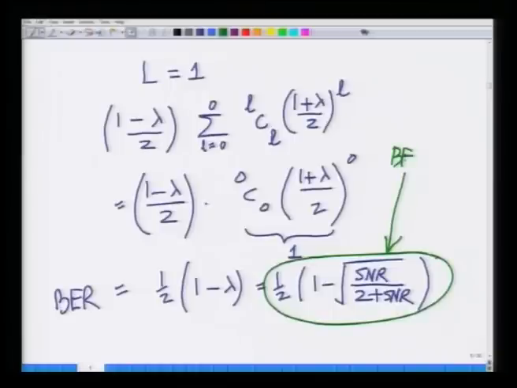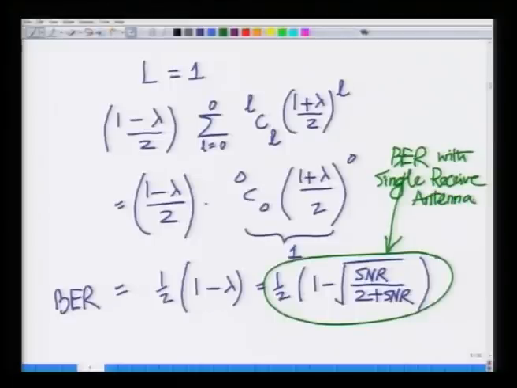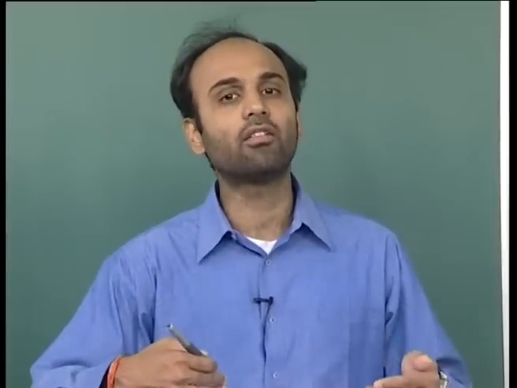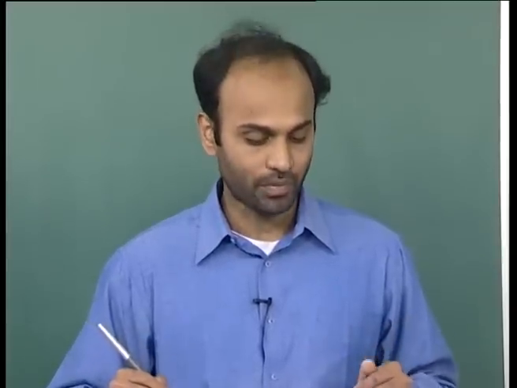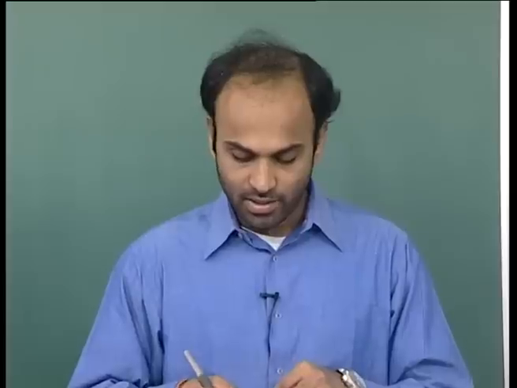This is the same expression as we saw before. So, we are trying to say that it is consistent with what we derived before in the case of a single receive antenna. Now, let me slightly simplify this for the case of high SNR.